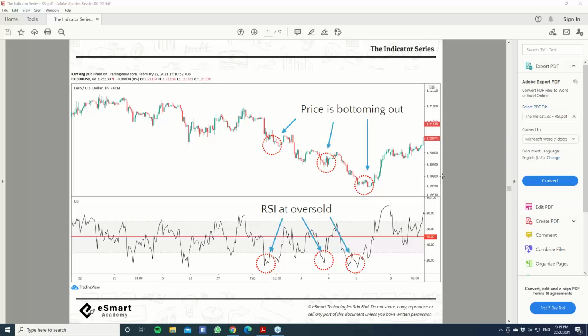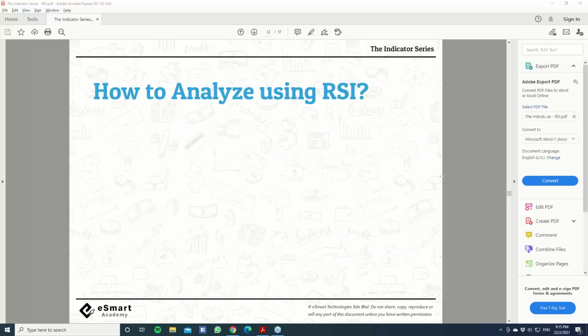So that's a quick one on how you can understand momentum using the RSI indicator. Now from there, we'll start to build in a potential strategy that you can use. One of the most common strategies that traders use, including myself, to incorporate the RSI indicator is what we call divergence trading.